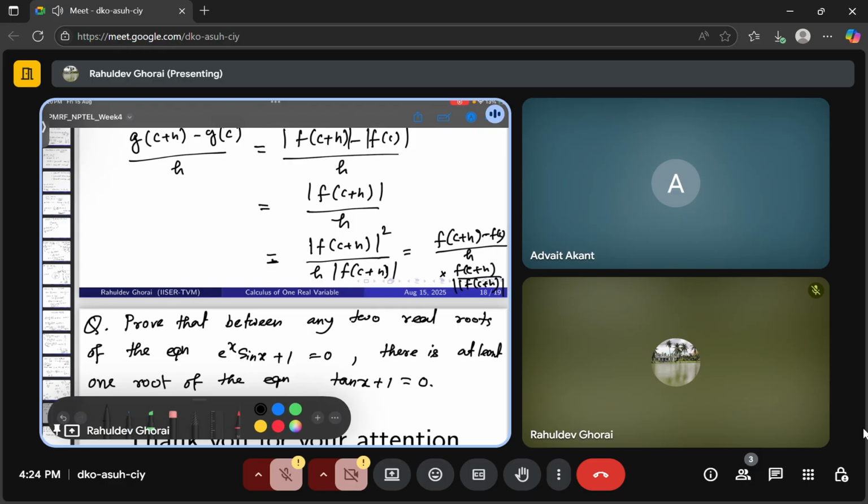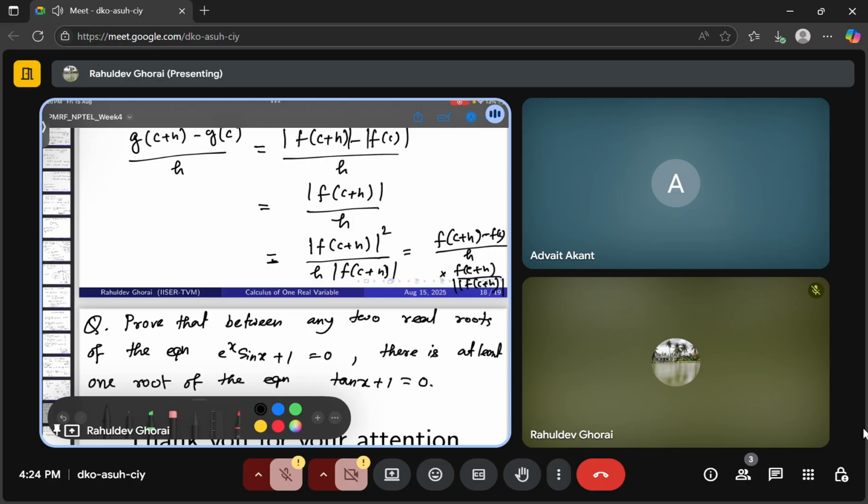So I'll tell you this. You use Rolle's theorem, that's all. There is a hint, but try this. First, read the question, then you will understand. It will be easy, but the thing is understanding this. Between any two real roots of an equation, there will be another root of another equation, and you can do that using Rolle's theorem.